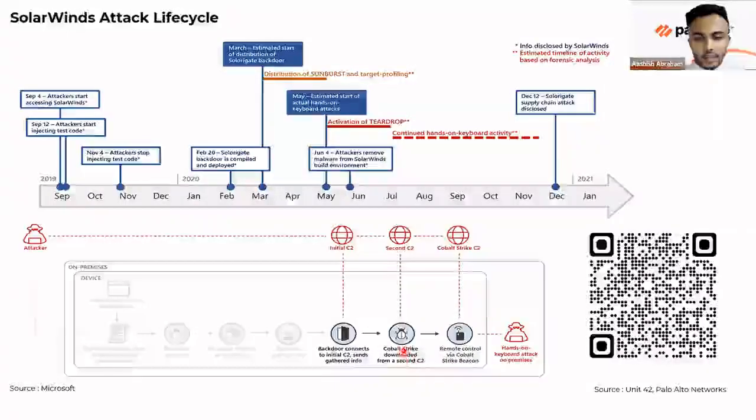Finally, once this control was done, the threat actor had hands-on access to the keyboard, and they could do anything and everything, right? And which companies were infected or part of this hack? Intel was there, Microsoft itself was there, and a lot more companies. There was FireEye, which is also a security company, and a lot more.